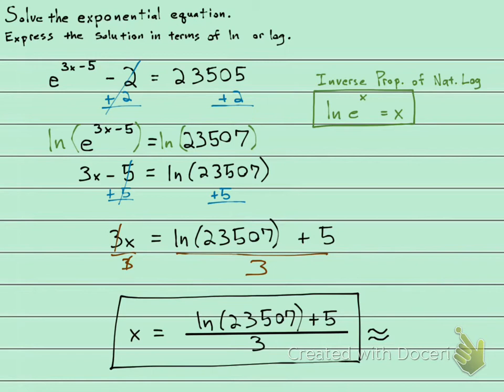All right, I have my TI-30X2S, and let's go ahead and put this stuff in the calculator. I have a button for natural log, top left, ln, and I'm going to put in 23507. And now I'm going to close my parentheses, so when I do plus 5, they don't think that this is added to that. So let's hit close parentheses above the 9, and then I can do plus 5, and I'll hit equals.